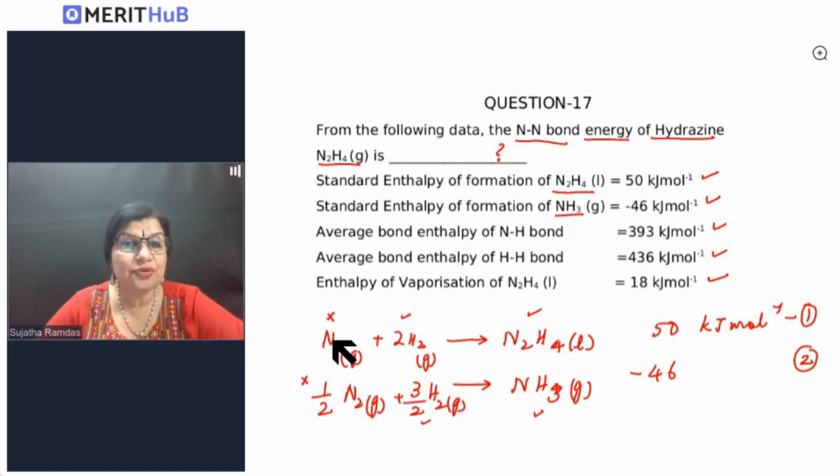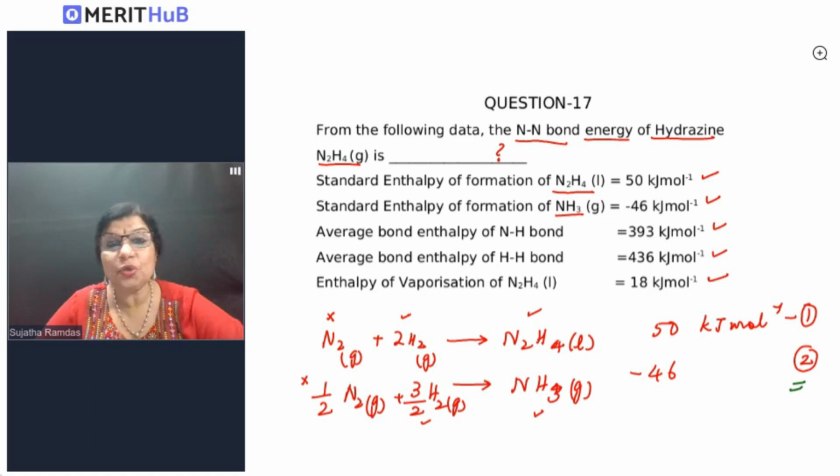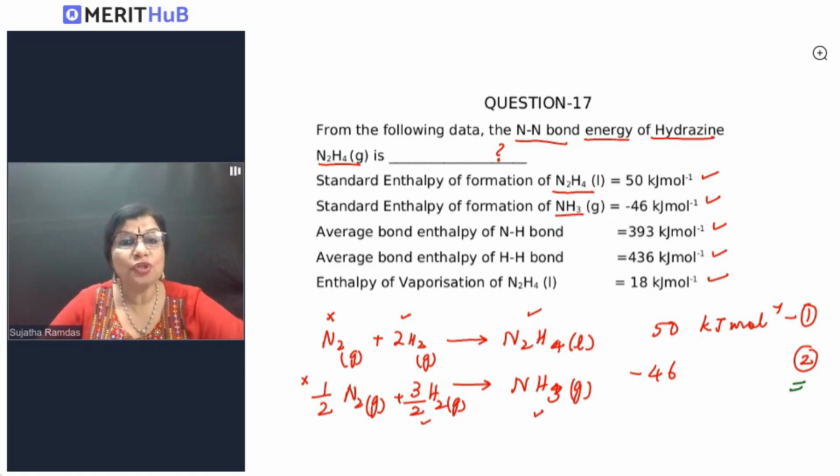There is 1 mole of nitrogen in equation 1 on the left hand side. So in order to cancel nitrogen, we need 1 mole of nitrogen on the right hand side in equation 2. So we have to modify equation 2. So what should we do? We want to bring nitrogen to the right hand side. So let's retain equation 1.